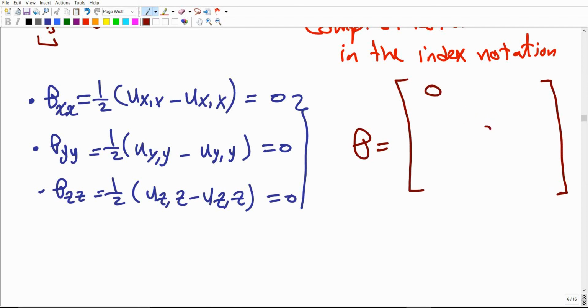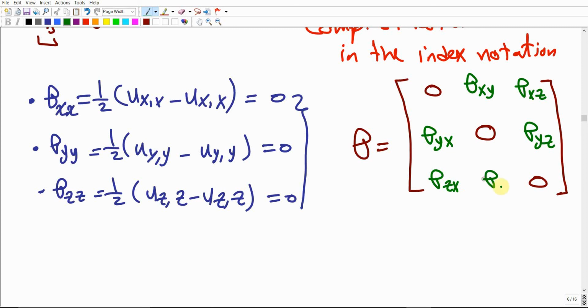Theta xx, theta yy, theta zz are zeros, but the off diagonal components are going to have values like theta xy, theta xz, and here we're going to have theta yx and theta yz, and then theta zx and theta zy, right?